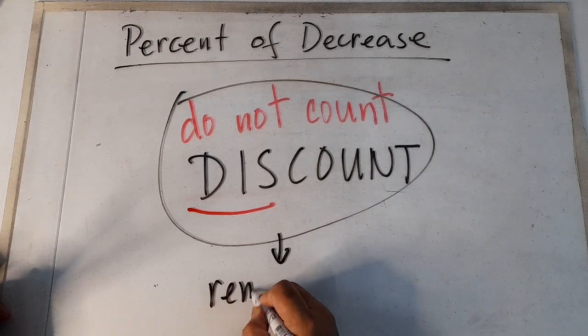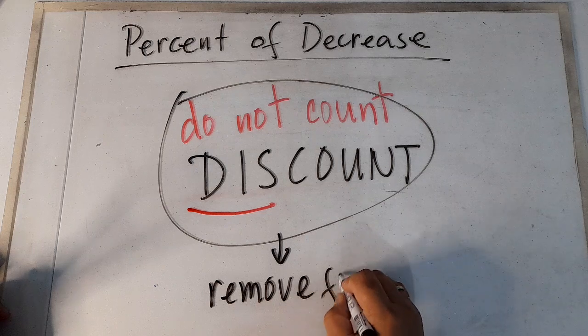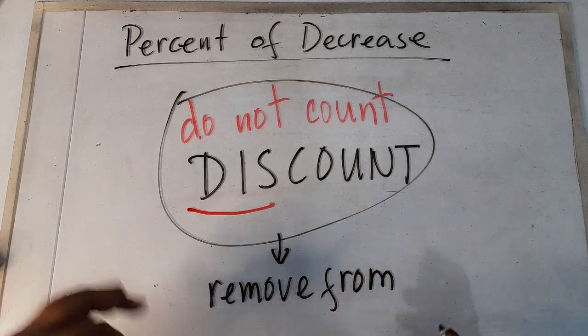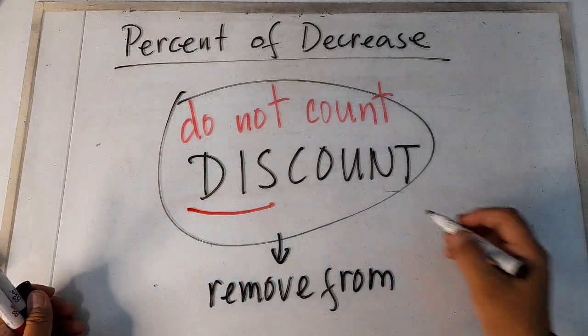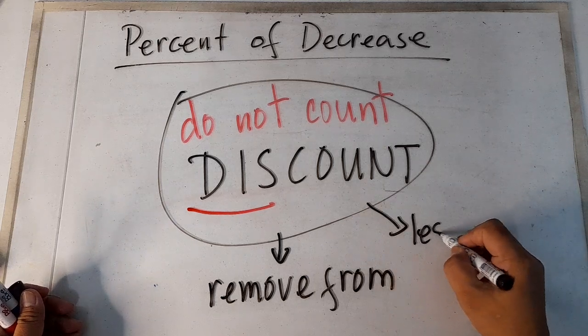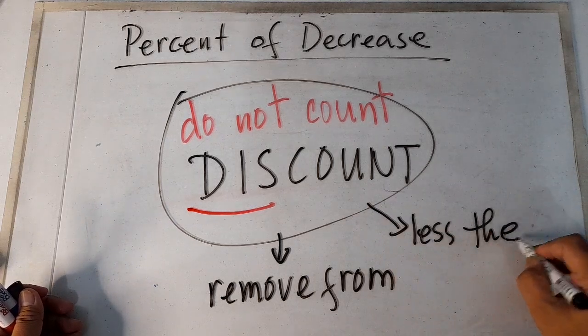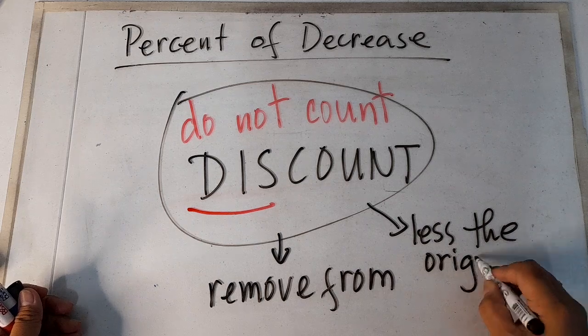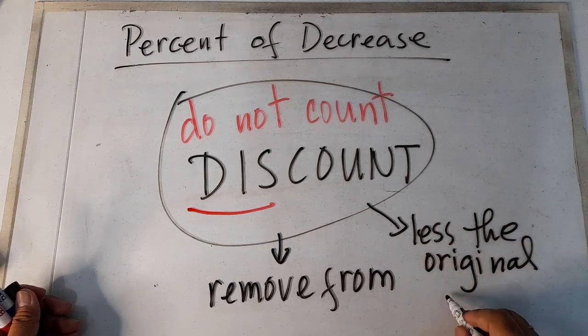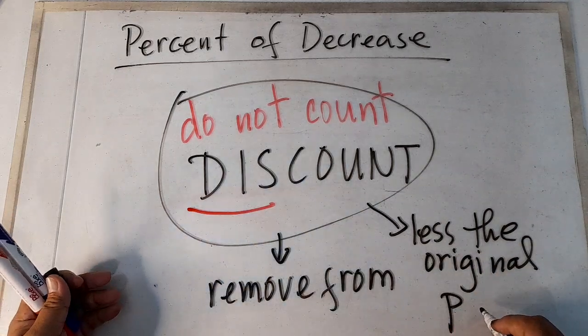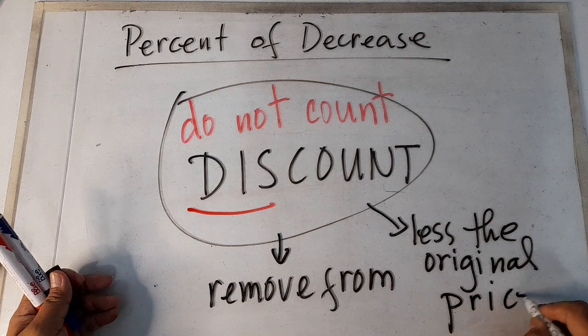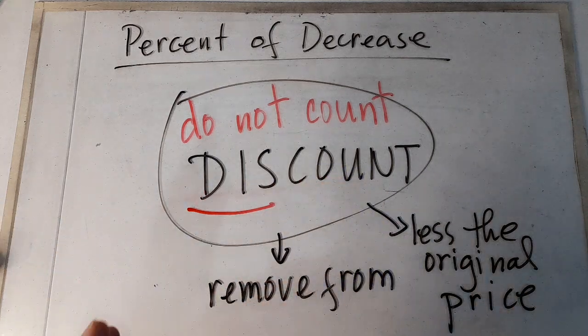So, remove from. Or, pwede din naman, it is less the original price. Okay? Kasi usually, makikita natin yan pag sinabing discount sa mga sale. Okay? So, it's less the original price.